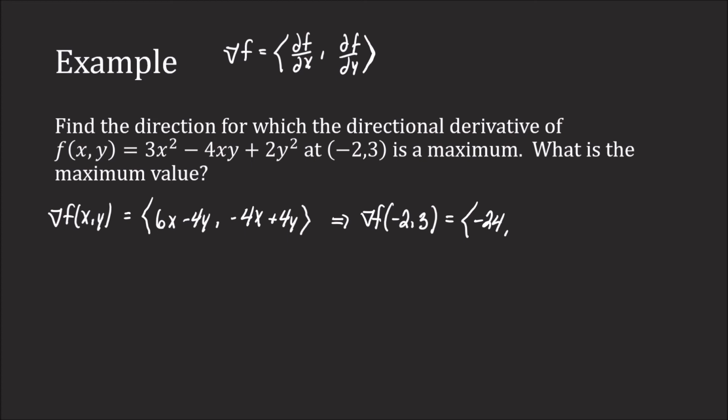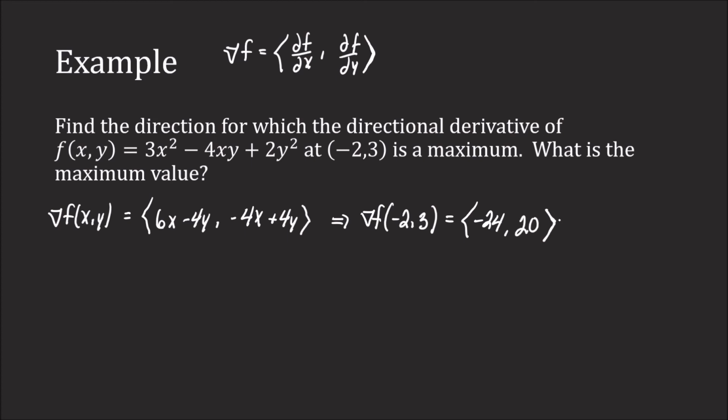And then negative 4 times the negative 2 is 8, plus 12 is 16. All right, so I made a mistake. This is not actually 16. This should be 20.